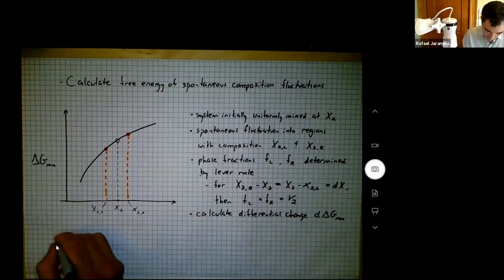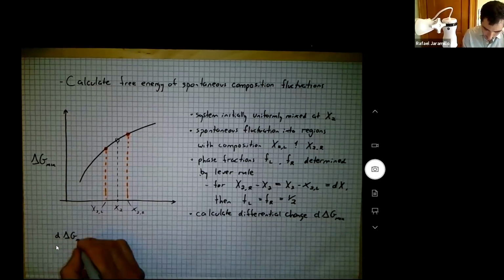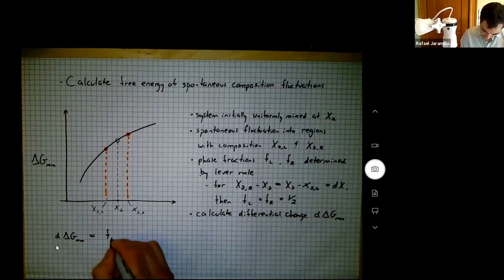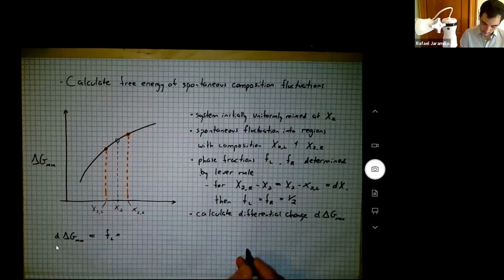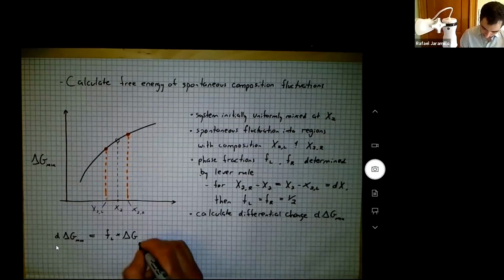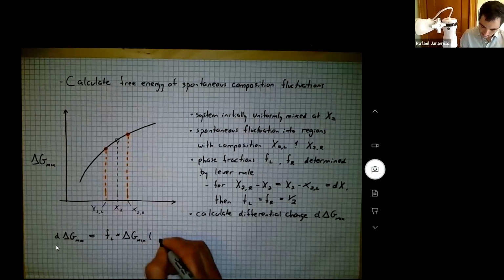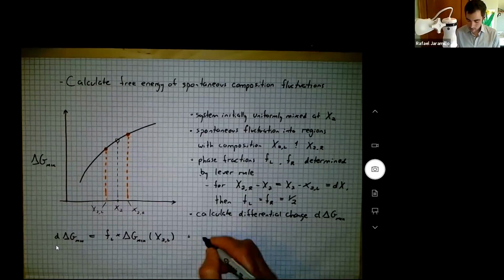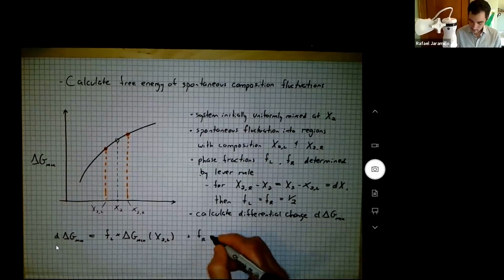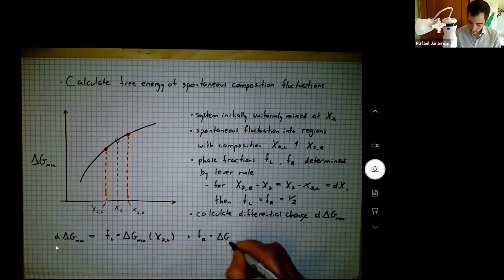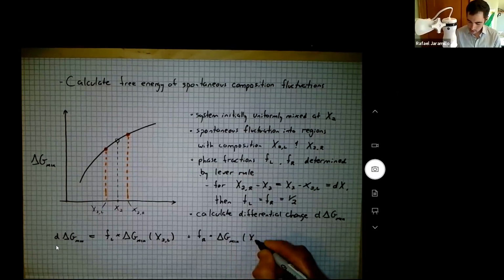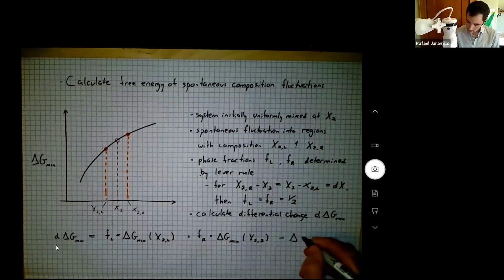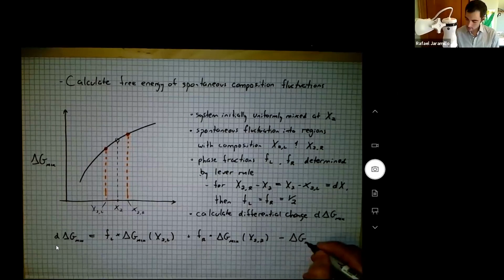And so what you get is something like the following: phase fraction of the left stuff times the free energy of mixing evaluated at the composition of the left stuff plus phase fraction of the right stuff times the free energy of mixing evaluated at the composition of the right stuff, minus what you had before the spontaneous fluctuation.